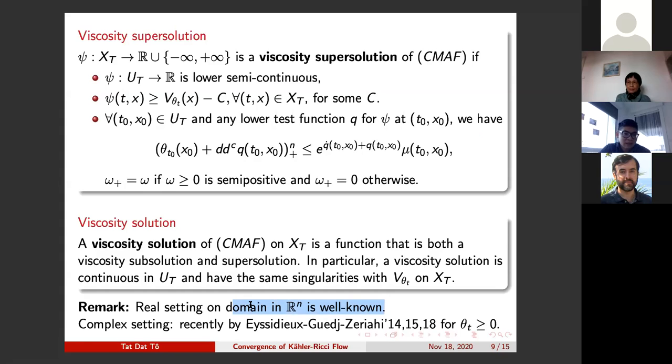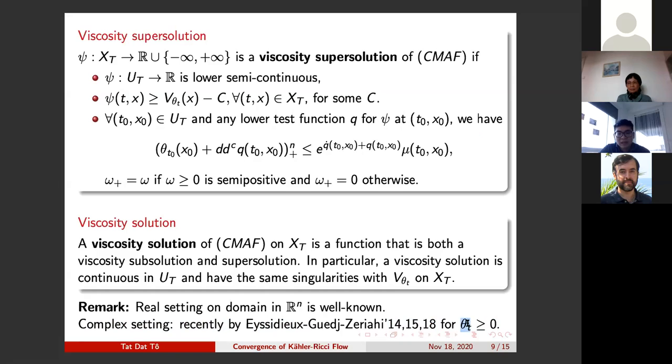And in the complex setting, this theory was developed recently by Eyssidieux, Guedj, and Zeriahi in several works on the complex Monge-Ampère flow. Before that, they had already developed this theory for the elliptic Monge-Ampère equation as well, in particular for the case when the class theta t is semi-positive.